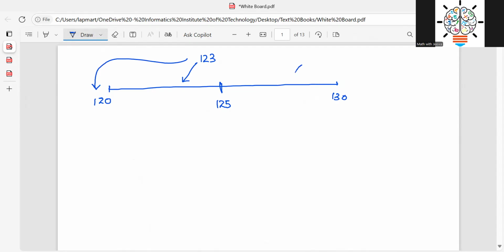If I'm talking about 127, it is closer to 130, right? So then we can write 127 is approximately equal to 130. So 130 means 13 tenths. 123 is approximately equal to 120. That means 12 tenths, right? So here it is 12 tenths and this one is 13 tenths.